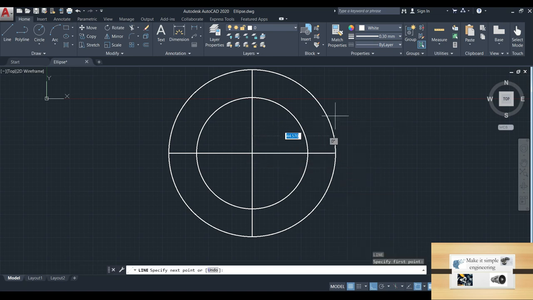So the angle of one complete circle is 360 degree. So while dividing into 12 equal parts, 360 divided by 12 gives 30.